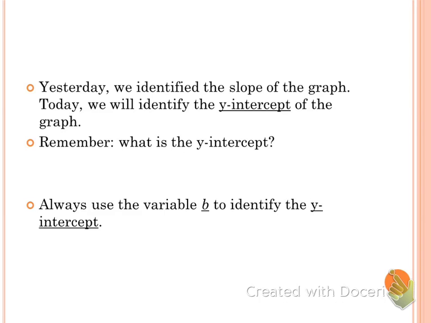Yesterday, we identified the slope of a graph. Today, we will identify the y-intercept of the graph. Does anyone remember what the y-intercept is? So we define it as the point where the line crosses the y-axis, which is the vertical axis.